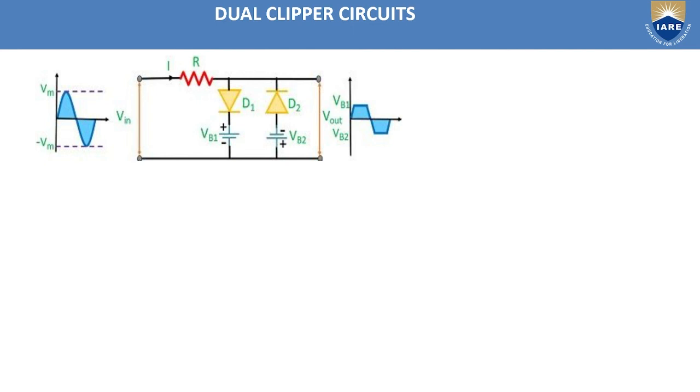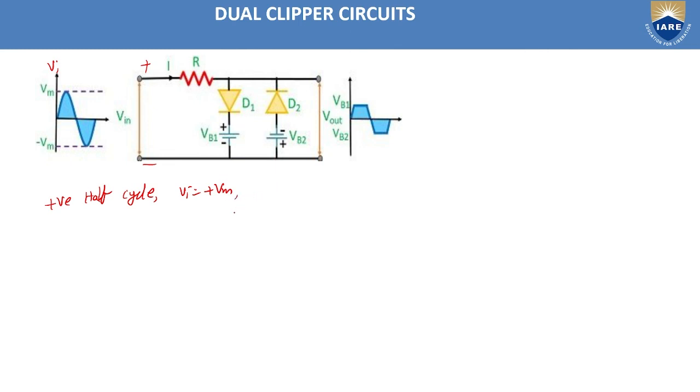So to see the operation of this one, I'm taking my input voltage as plus Vm first, that is the positive half cycle, Vi equal to plus Vm.